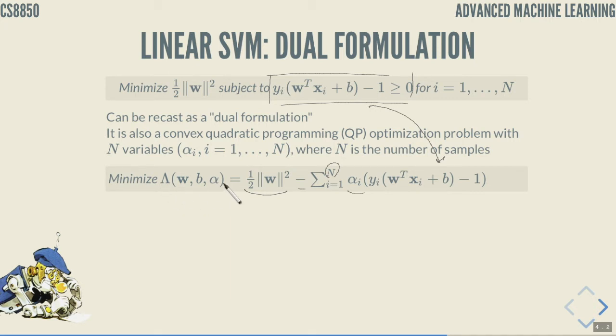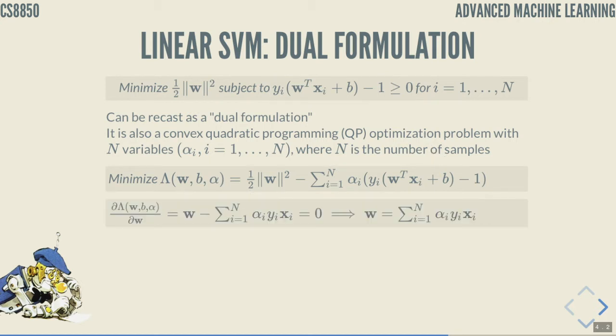Let's differentiate the Lagrangian with respect to W and find the derivative. So as you see here, the square falls out and you just get W. And if you differentiate this part, you will surely get this, because only this part matters, and in this product, only x remains.